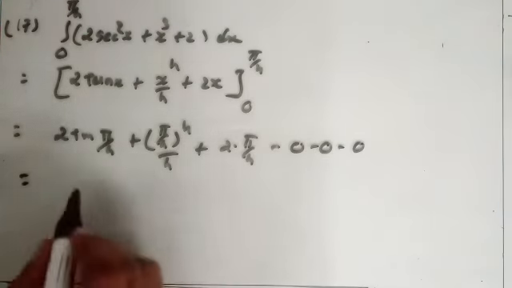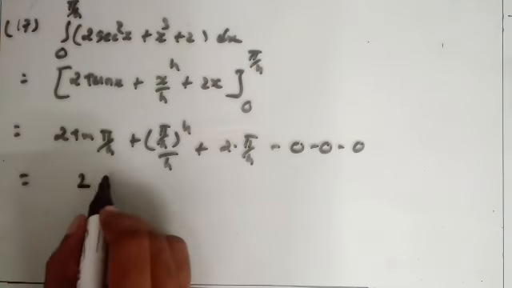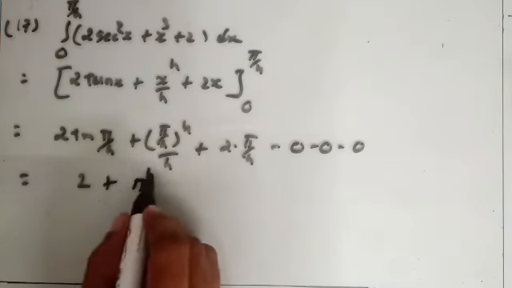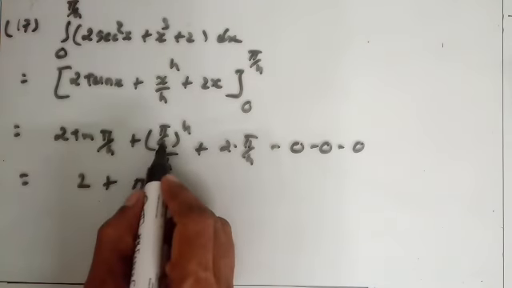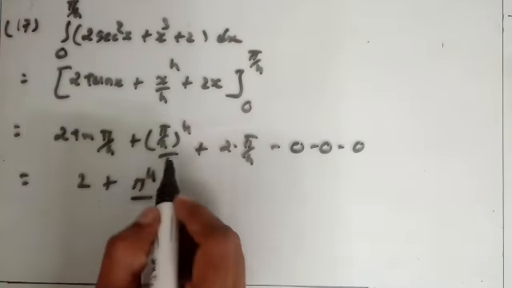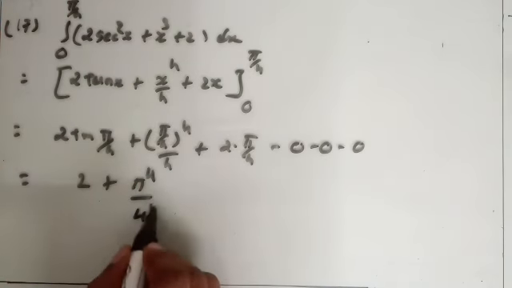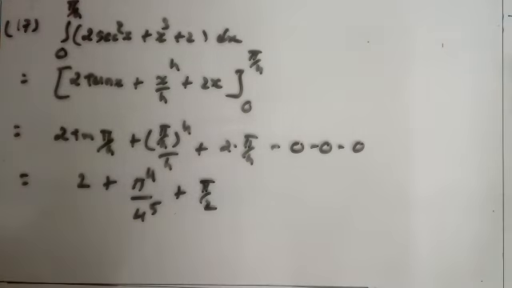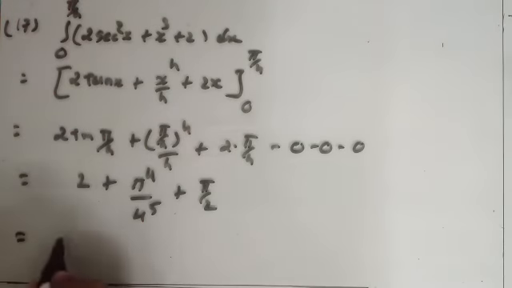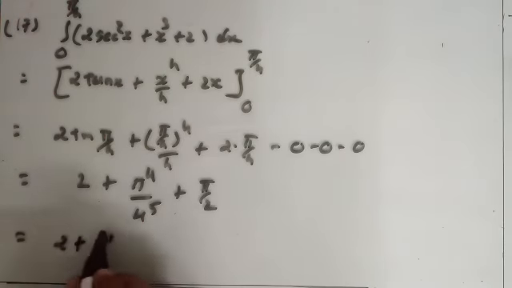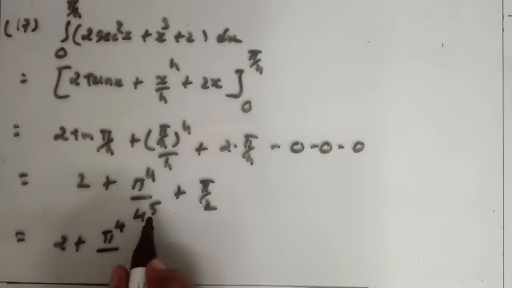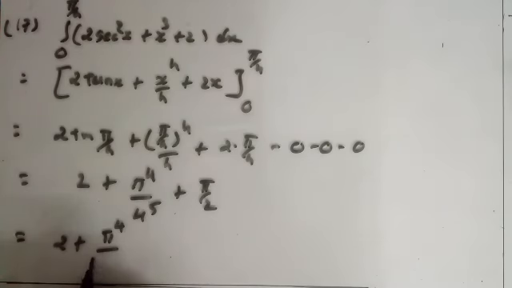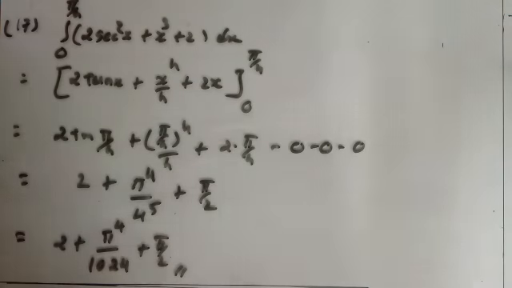So is equal to tan(π/4) is 1, so 2 into 1 plus π⁴ upon 4⁴ into 4, that is 4⁵, plus π/2. Clear? Here 2 plus π⁴ upon 4⁵, and 4⁵ is 2¹⁰, we know that is 1024, plus π/2. Answer.